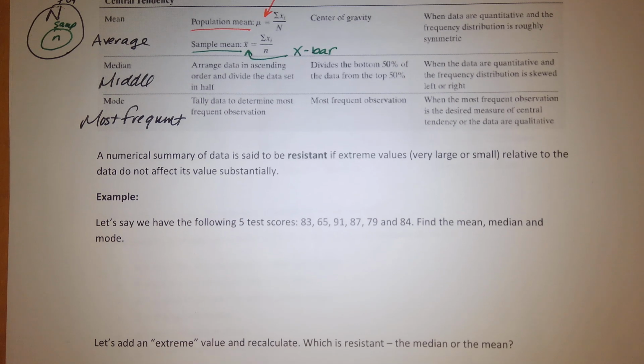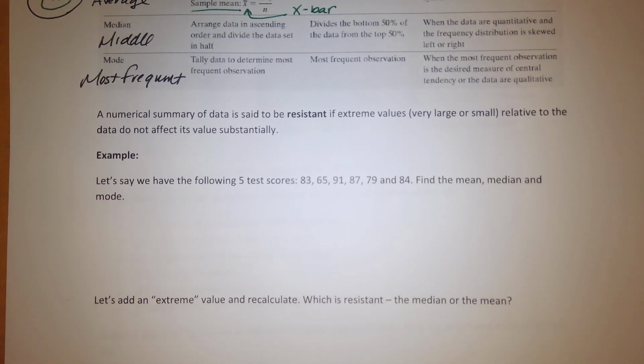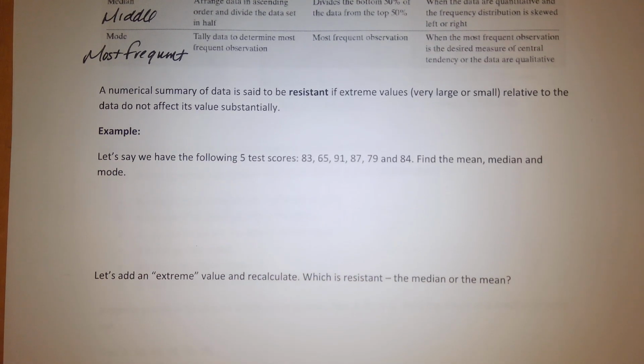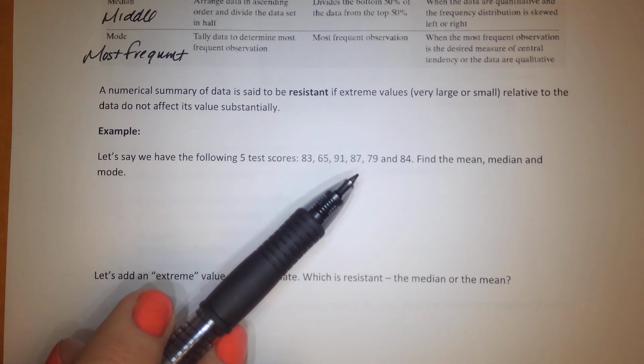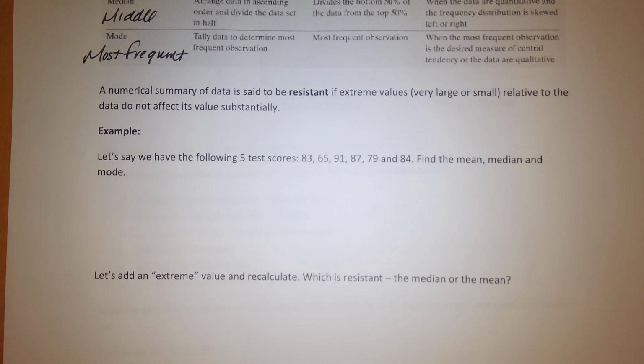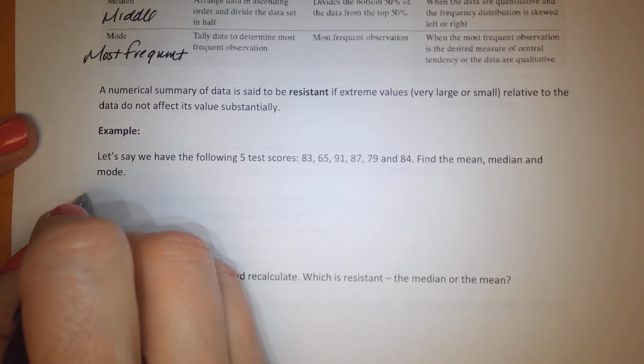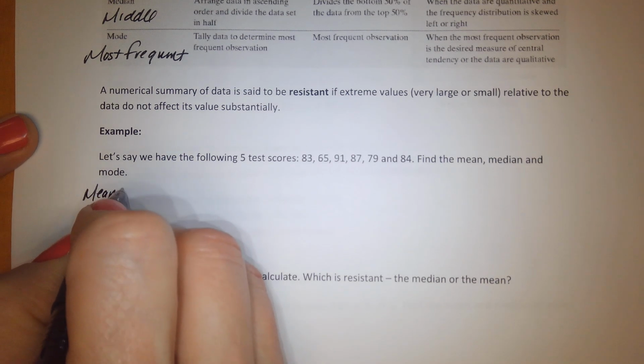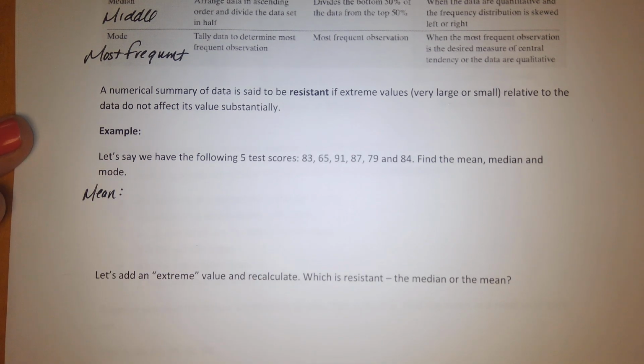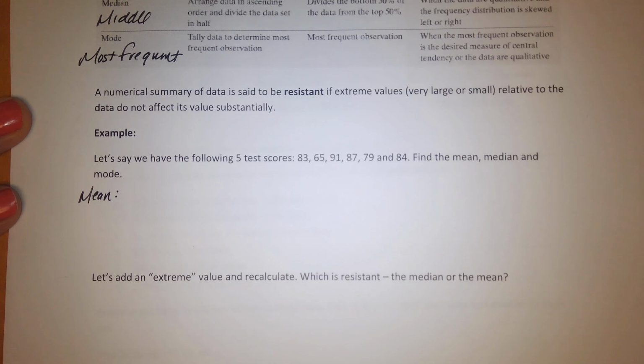Let's say we have the following test scores: 83, 65, 91, 87, 79, and 84, and let's find the mean, median, and mode. The mean is found by adding all the values together and dividing by the number of items that there are.